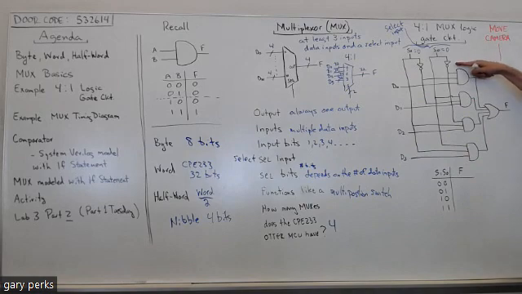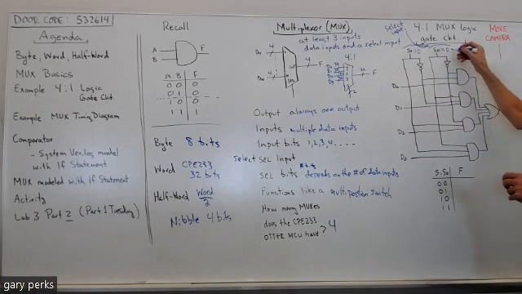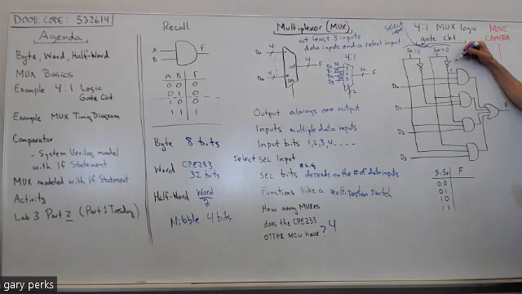So we have this inverter. What am I going to have at the output of that inverter? A 1, right? Because it's going to invert the 0 at the input and make this a 1. So there's going to be a 1 at this top input of this AND gate.